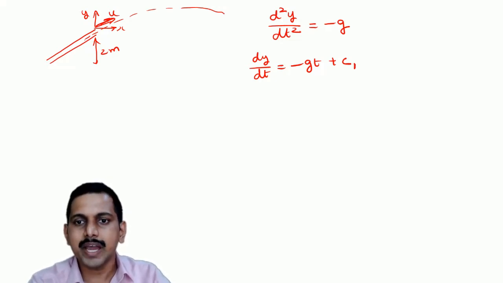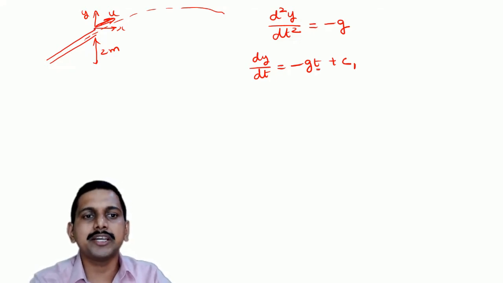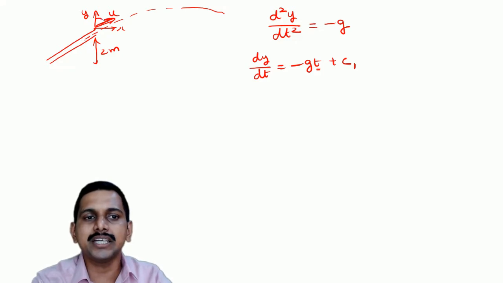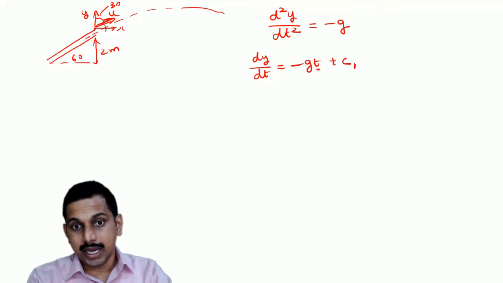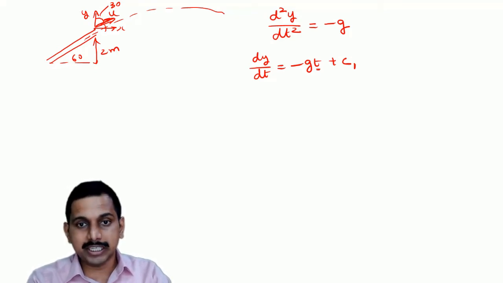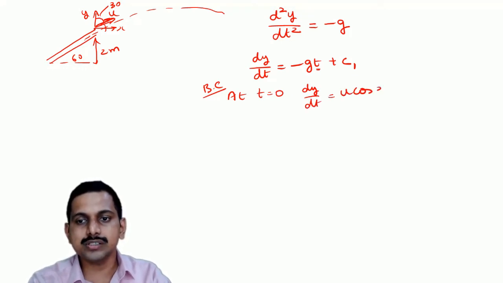What is that constant? At t is equal to 0, that means when it is going here, what is the dy by dt? How is the y increasing? Here you should have a theta. We know this is 60. So if this is 60, then this should be 30. Correct? So now at t is equal to 0, I can say these are the boundary conditions I am putting. At t is equal to 0, dy by dt is equal to u cos 30.